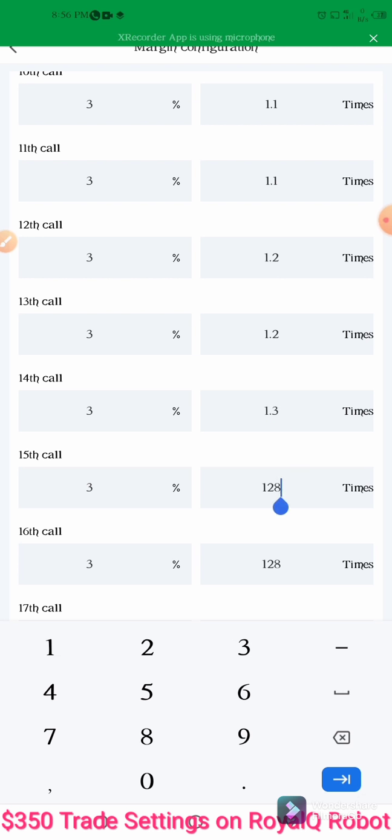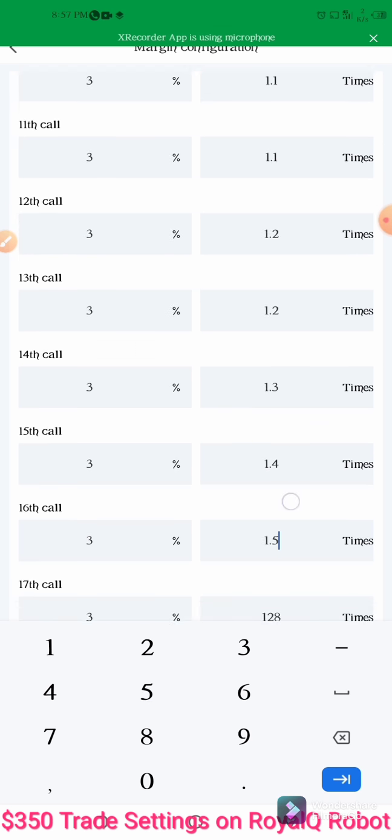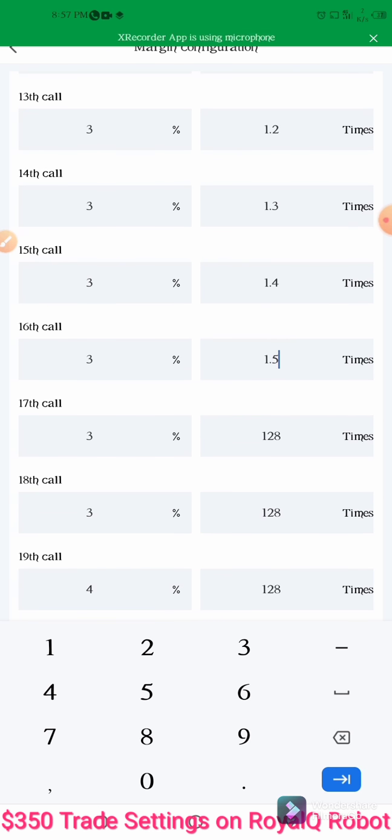Why? Because I want to maximize my fund, my capital, to be able to continue trading within 71.5% dip. The 15th will be 1.4. The 16th will be 1.5. Down to 19th will be 1.5.